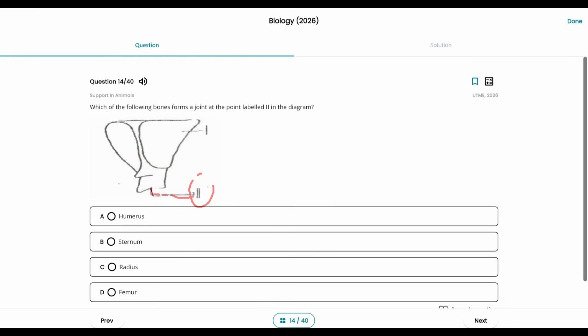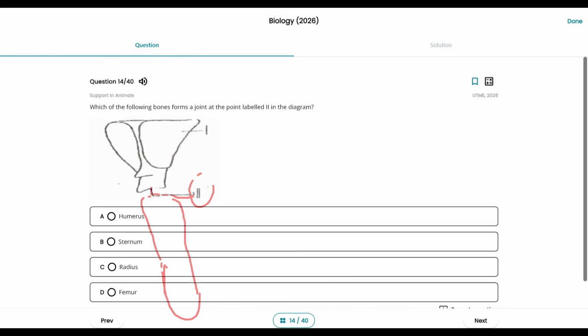That point is actually the glenoid cavity, because this is where the head of the humerus fits. Okay, I said that part is the glenoid cavity, which forms a joint with the head of the humerus, right?